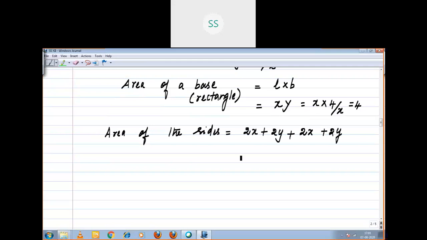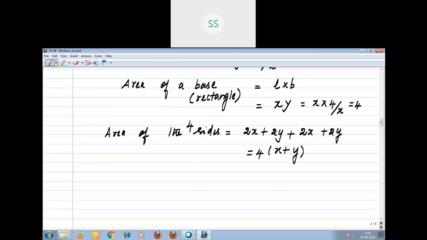That is 4 times x plus y. Area of the four sides is equal to 2x plus 2y plus 2y plus 2x again.